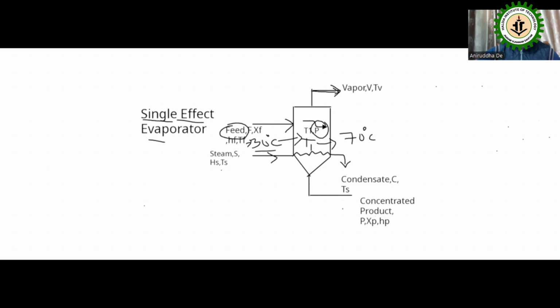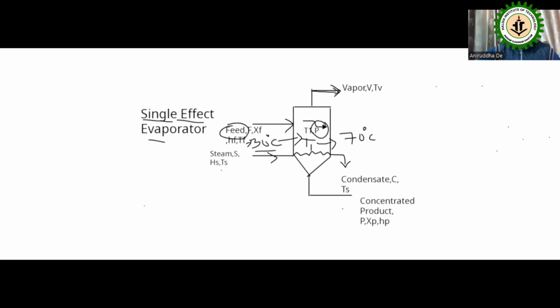So if this feed material is preheated by the vapor coming out, using the mechanical vapor recompressor, then this vapor can be used in the preheater, which will increase the temperature of the feed from 30 degrees centigrade to the boiling temperature.